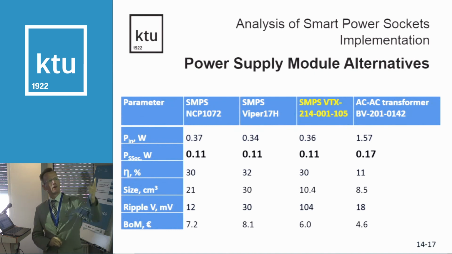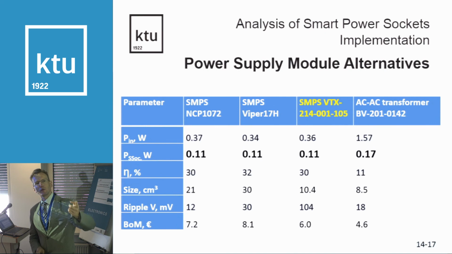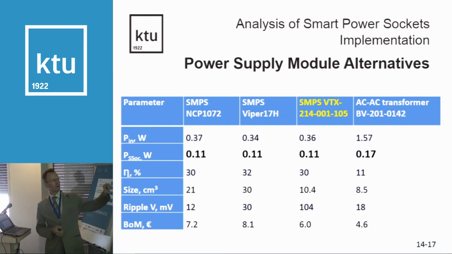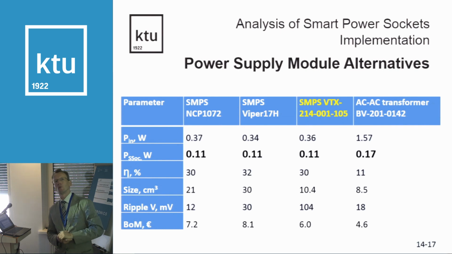We investigated several switching devices, even an AC-AC transformer, which is not favorable when we consider size, but the power losses in normal operation were about 100 milliwatts or a bit more with the AC-AC transformer.